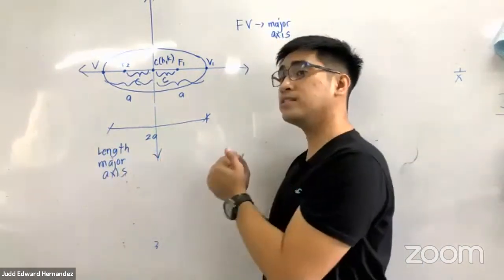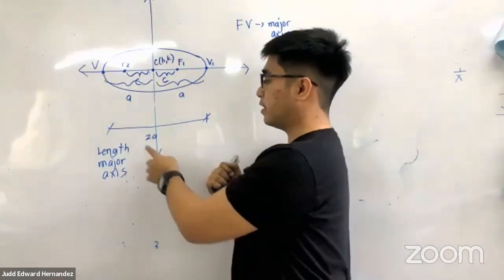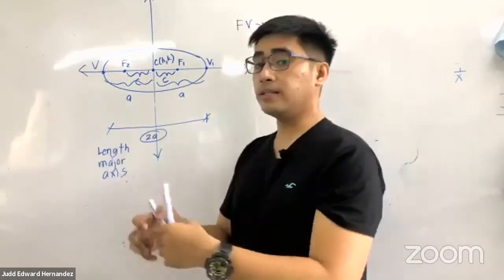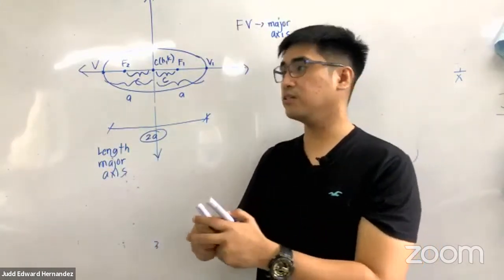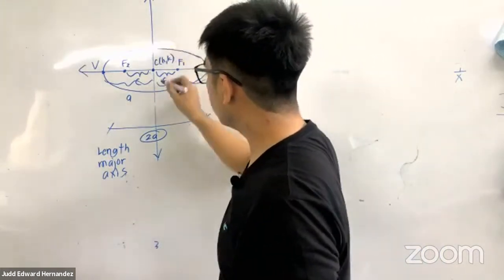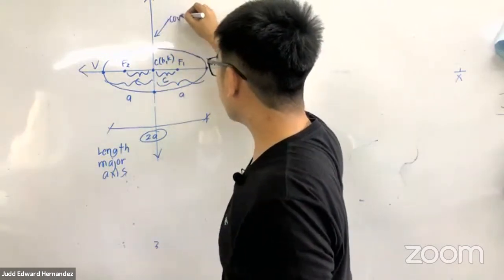Or pag tinanong ka, what is the length of the ellipse? That is always the length of the major axis, and it has a distance of 2A. Eh sir, ano naman po yung kabaligtaran ng major axis? So what do we call that one? We call that the minor axis. So sa minor axis, ang makikita natin doon would be co-vertices.